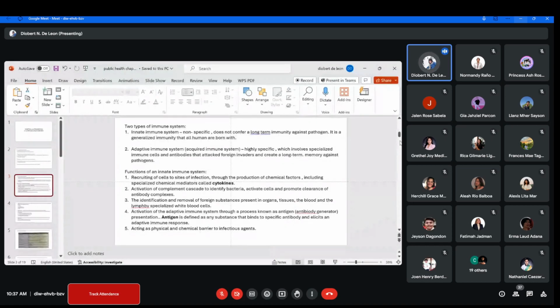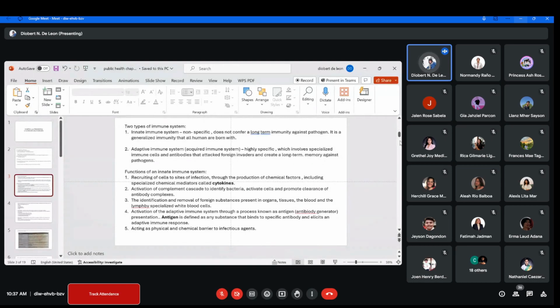Innate immune system is non-specific, does not confer a long-term immunity against pathogens, and it is a generalized immunity that all humans are born with, no? Gikan pa lang siya since birth. So, meaning to say, this is the first line of your defense, no? First line of your defense system, ang innate immune system.